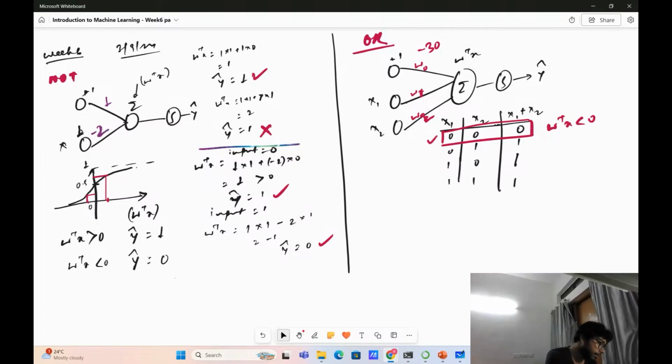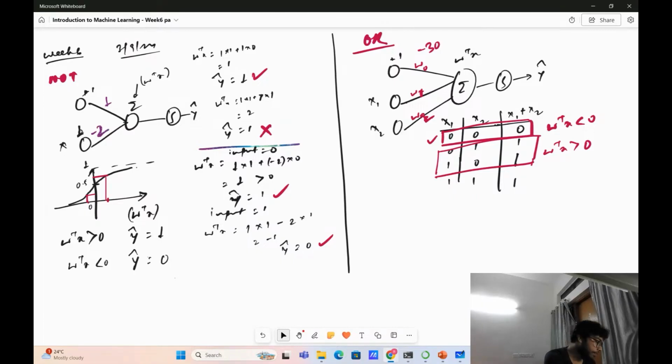Next, let's take the next two conditions at once. If either x1 or x2 is 1, then we want W transpose X to be greater than 0, because y hat has to be 1. So how do we fix W1 and W2?